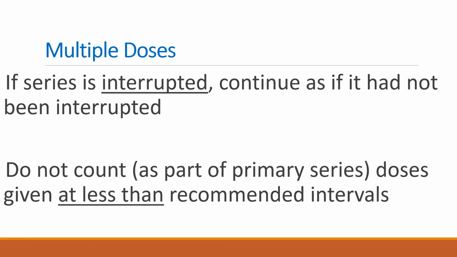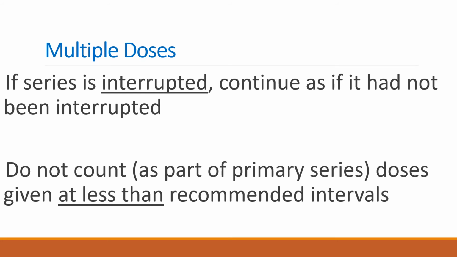Multiple doses. If the series is interrupted, continue as if it had not been interrupted. If a vaccine has many doses and the series is interrupted, you give a dose and the child did not come to your clinic at the correct time with his parents, of course, continue as if it had not been interrupted.